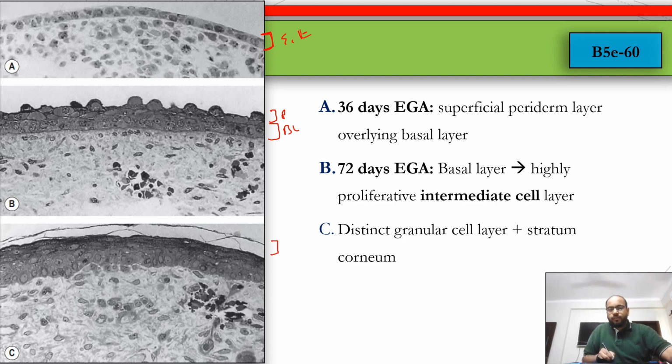Then you have the intermediate layer first, which will eventually give rise to the granular and spinosum layers. You have the basal layer and the corneal layer. At 36 weeks, you have the superficial periderm layer developing from the basal layer. At 72 days, you have the intermediate layer, and at the start of the second trimester, you will have a distinct four-layer structure of the epidermis. Let's move forward.